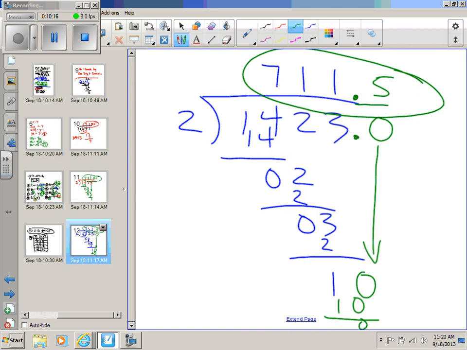Does 711.5 have a little bit more meaning to you as opposed to 711 remainder 1? So remainder 1, depending on what you're dividing by, is going to be different. It's not always going to have the same value. It's not 0.1 just because it was remainder 1.